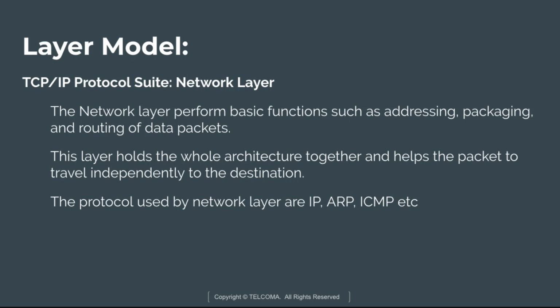IP, the Internet Protocol, is responsible for IP addressing, routing, and fragmentation and reassembling of packets. ARP, the Address Resolution Protocol, is responsible for the resolution of IP addresses to the network interface layer address, that is, the MAC address. Whereas the Internet Control Message Protocol, ICMP, is responsible for reporting errors in the unsuccessful delivery of IP packets.